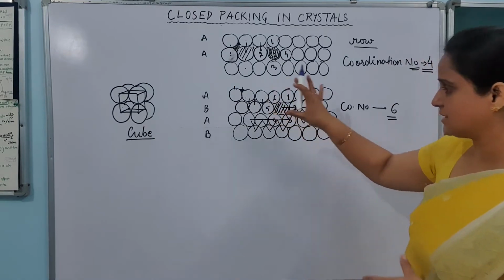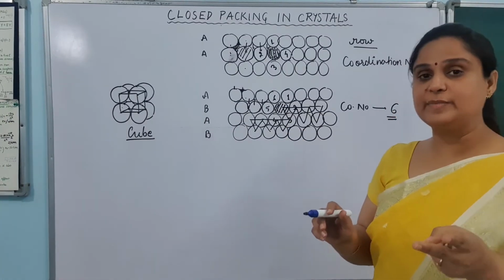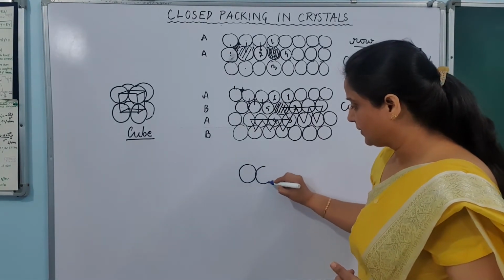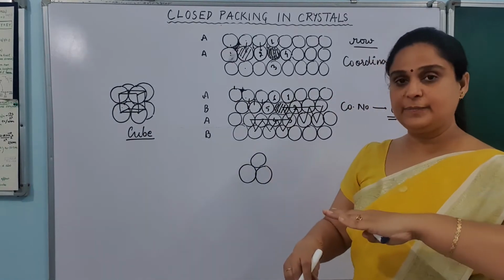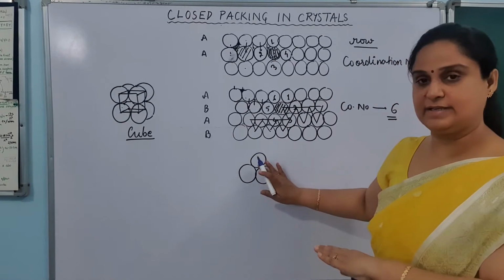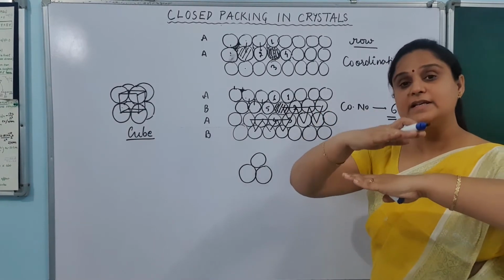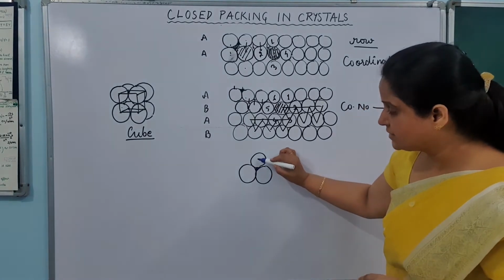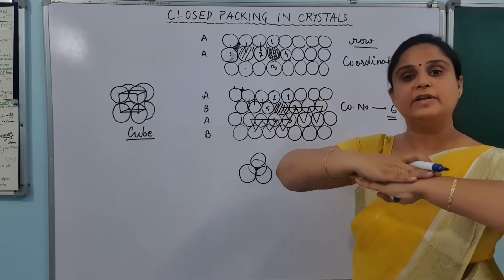Obviously there are 2 possibilities. Suppose I am keeping another layer. This is your first layer and this triangle of the first layer is there, and I am keeping another layer above it in such a way that the groove of this triangle is covered by one ball of the above layer.